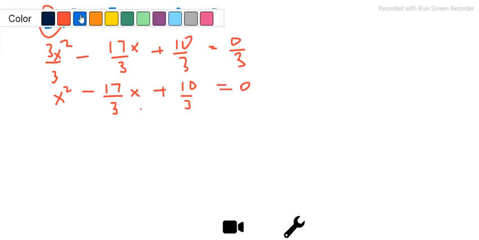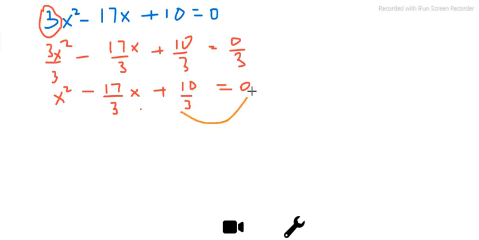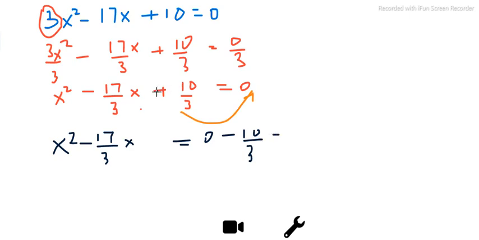So the next thing now is to shift this to this side. When we do that, we are going to have x squared minus 17 over 3x equals 0 minus 10 over 3. Here it is plus, so when we shift it, it becomes minus.